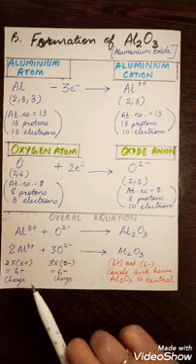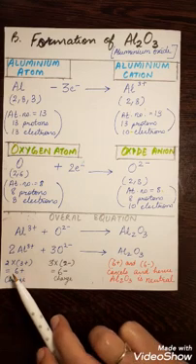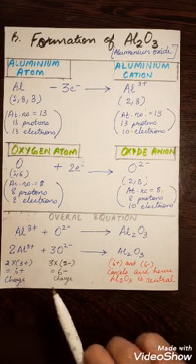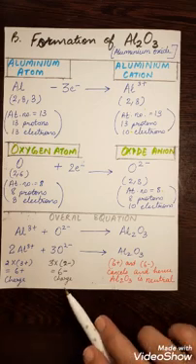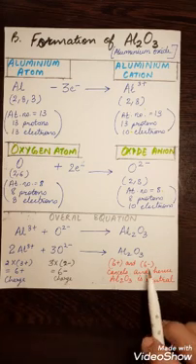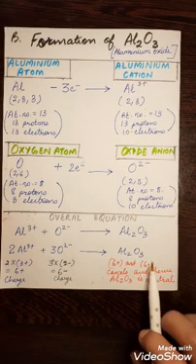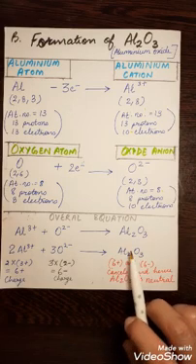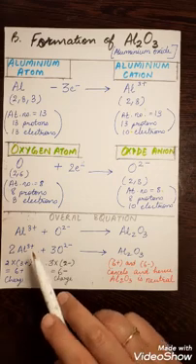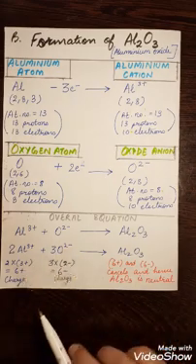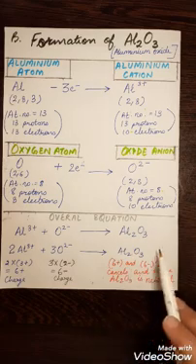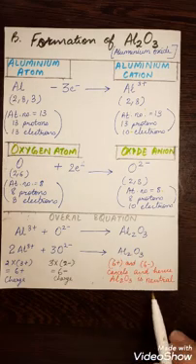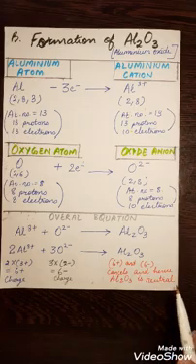Both the charges are equal, that is 6 positive and 6 negative, so they will cancel out and hence they will form a neutral molecule of aluminium oxide. There will be no charge on aluminium and oxygen then. They will just cancel out. 6 positive and 6 negative, they balance each other, and the aluminium oxide molecule will be formed, which will be neutral without any charge.